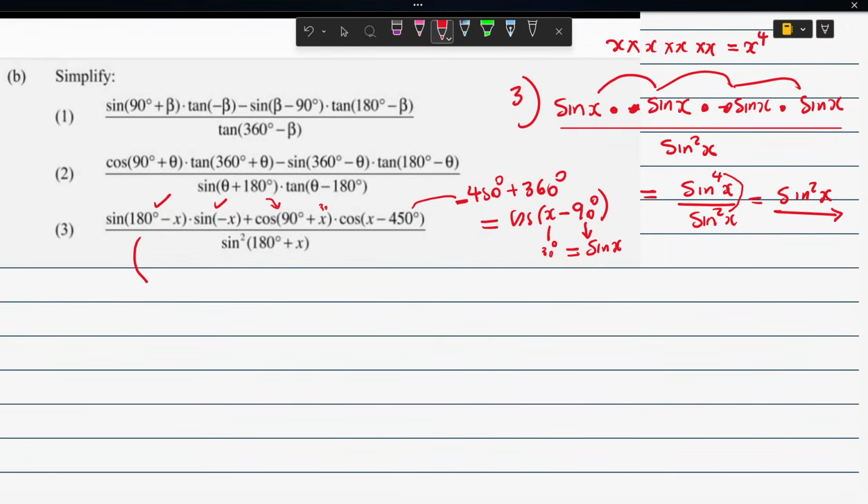I don't know if you understand that. Confirm with me if you understand, my learners. Let's confirm.